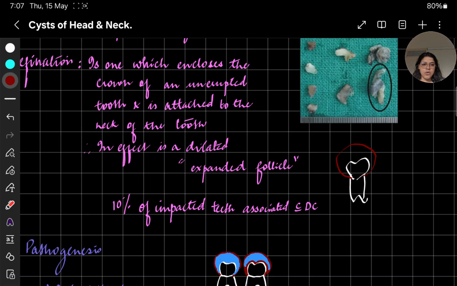If you see in the picture as well, I will draw for you. In effect, it is a dilated or expanded follicle, which after removing, you see it has some fluid inside, which after removing gets compressed or collapsed.